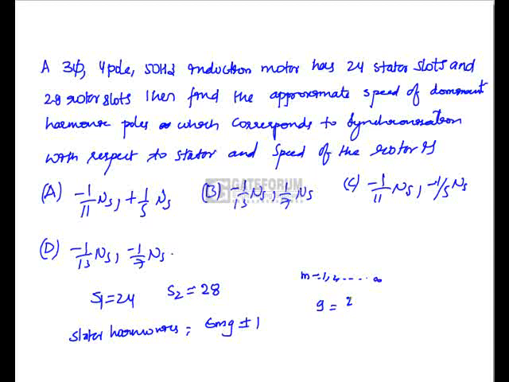How many slots are there in the stator? 24 slots, so g is equal to 2. So this is 6 into 1 into 2 plus or minus 1. I can write this as 12 plus or minus 1, the dominant harmonics present on the stator side, which is 11 and 13.